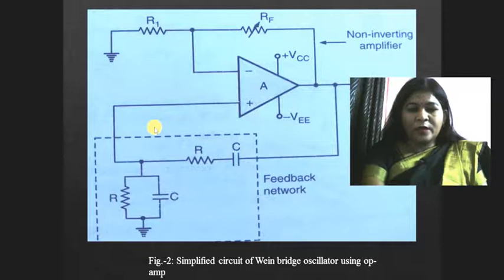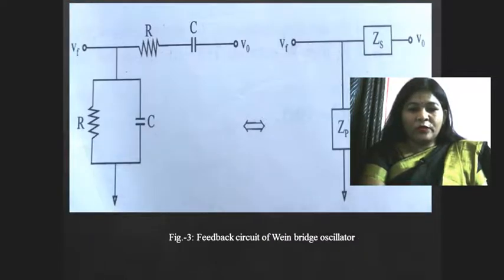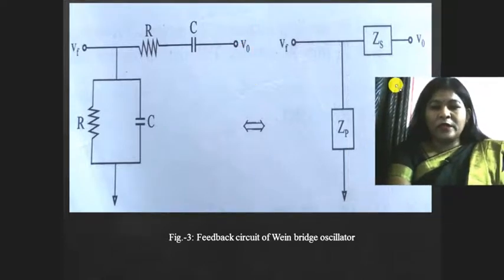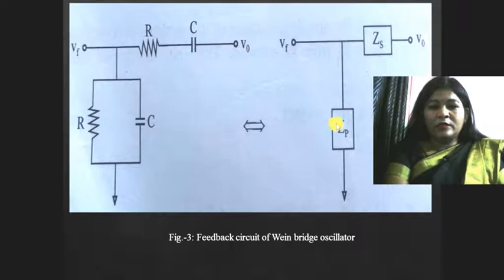Here, to derive this equation, we will consider this feedback circuitry only. According to that feedback circuitry, there is an RC combination in parallel and another RC combination in series, and this is the feedback voltage, and we can find the output voltage at this terminal. We can simplify this feedback circuitry like this.